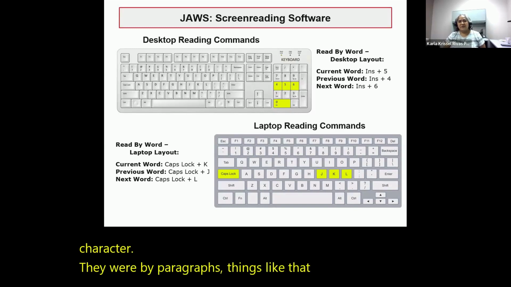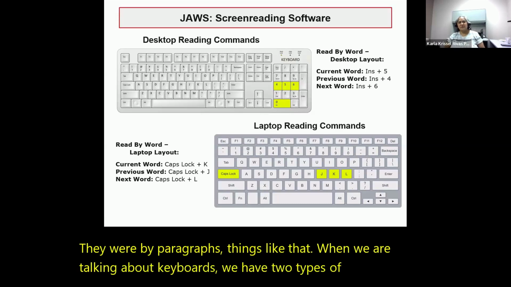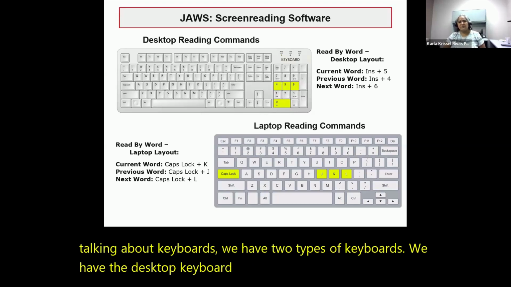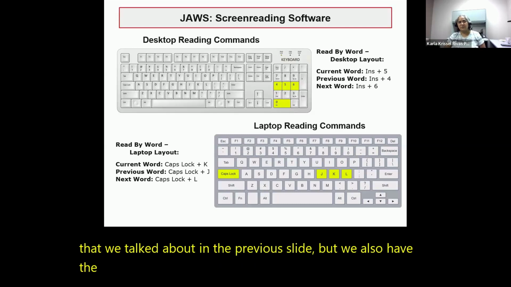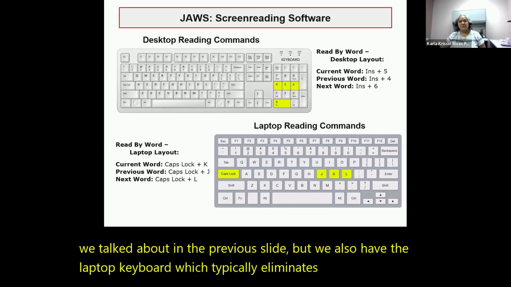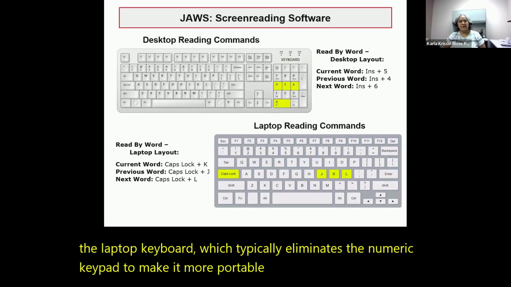When we are talking about keyboards, we have two types of keyboards. We have the desktop keyboard, which typically has all the sections that we talked about in the previous slide, but we also have the laptop keyboard, which typically eliminates the numeric keypad to make it more portable and lightweight.